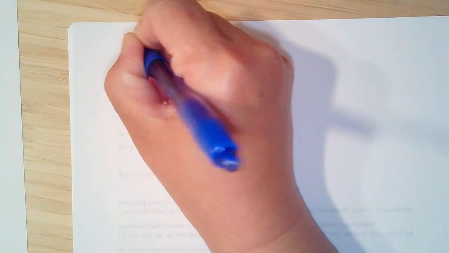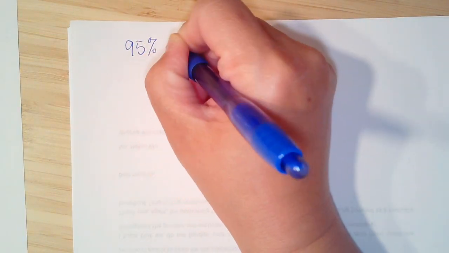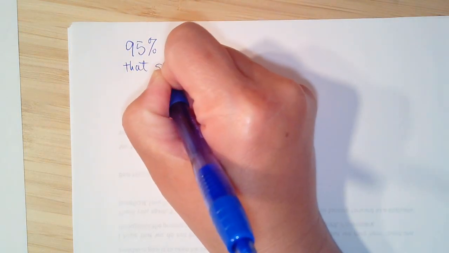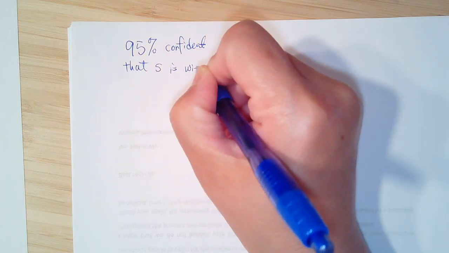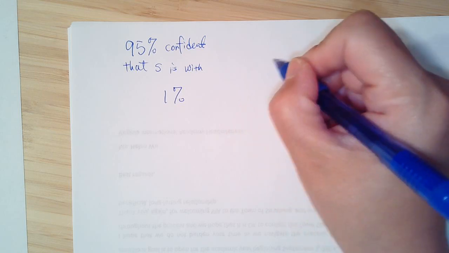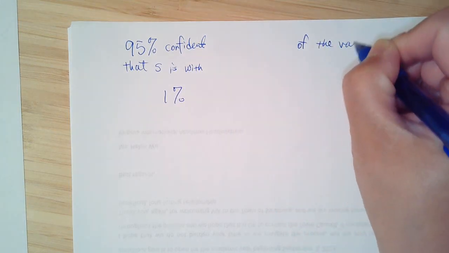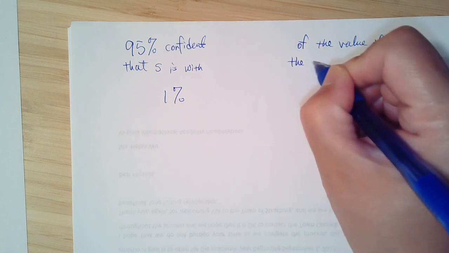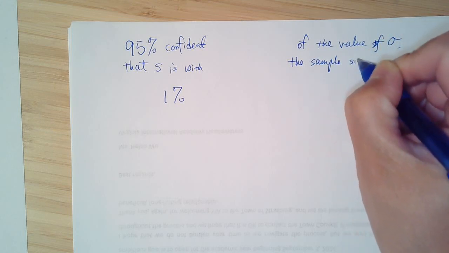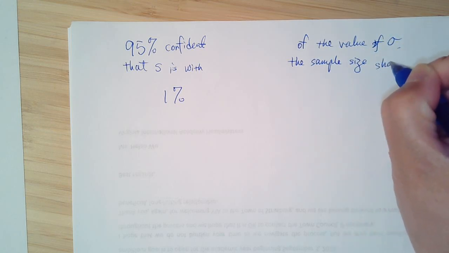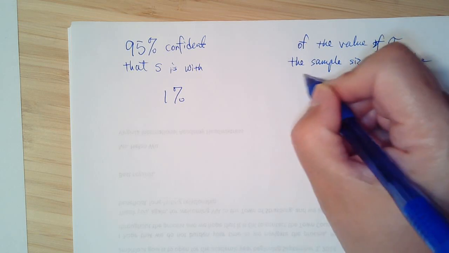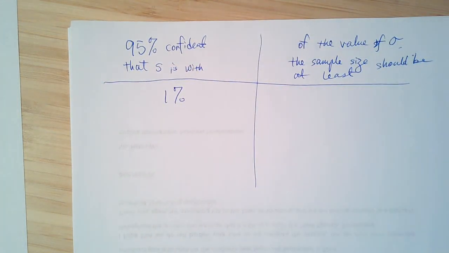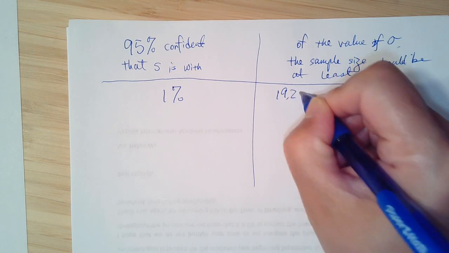One is you want to be 95% confident that S is within 1% of the value of sigma, the sample size should be at least 19,205. I just give you this number.